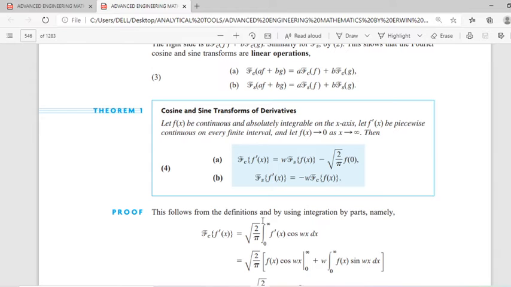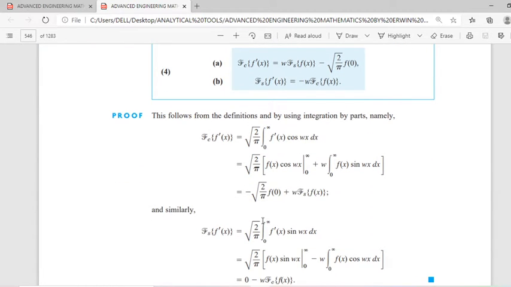So there is a relationship between the Fourier cosine and sine transforms that can be drawn from this formula. Moreover, fs of f dash of x equals minus w into fc of f of x. That is another formula. So we can see some type of relationship in this theorem.